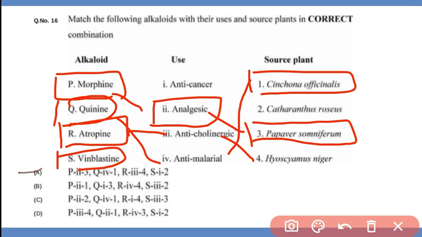It is an ornamental and medicinal plant. So vinblastine is used as anti-cancer, and the source plant is Catharanthus roseus. So such a combination is in option A. So the answer to this question is option A.